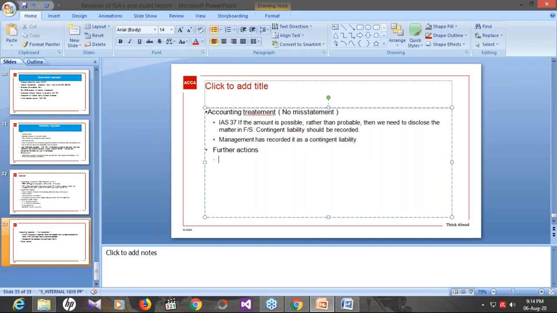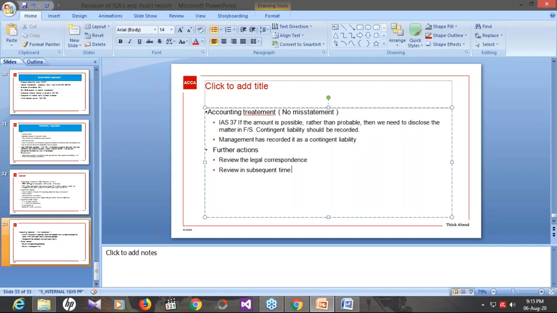We need to review the legal correspondence, and we need to review the facts of the case in subsequent time after year end. Is there any new legal correspondence or anything new that has occurred which can have an impact on the financial statements?